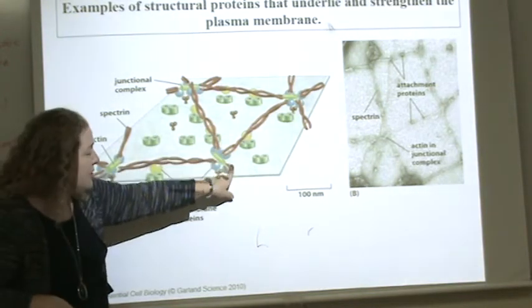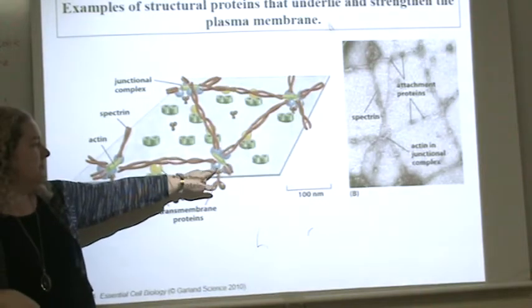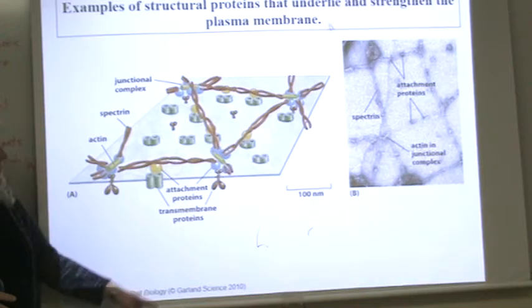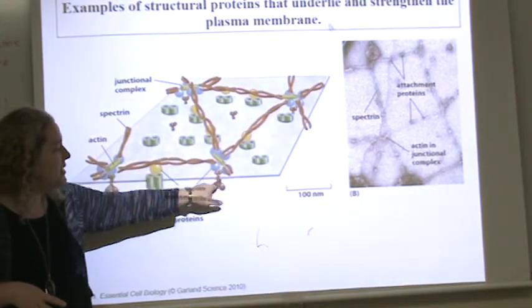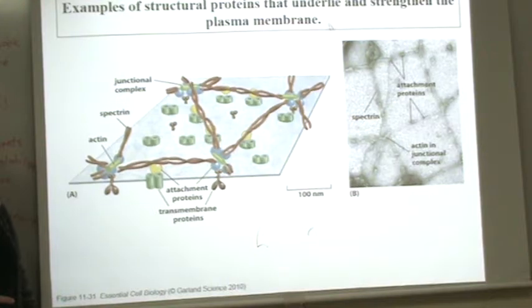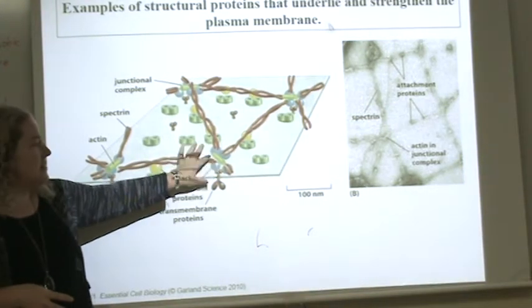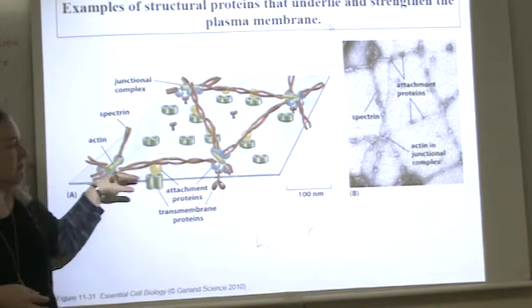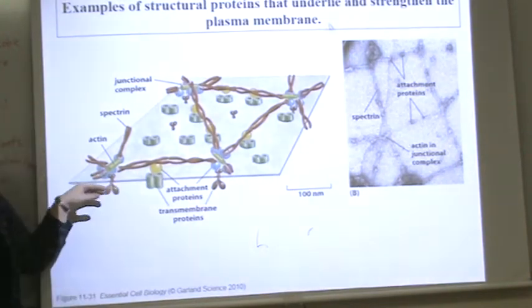These blue proteins, attachment proteins, these would be transmembrane. Or no, sorry, these would be associated with these red transmembrane. So you can think of this as like the parts that you put together for a tent, and then the plasma membrane is the cloth.